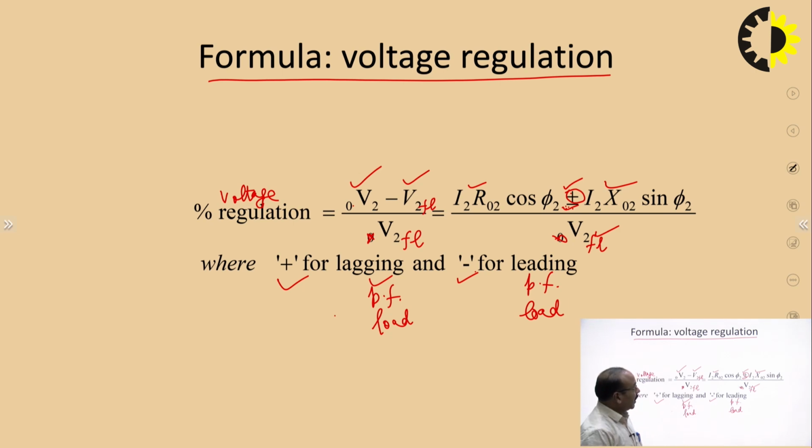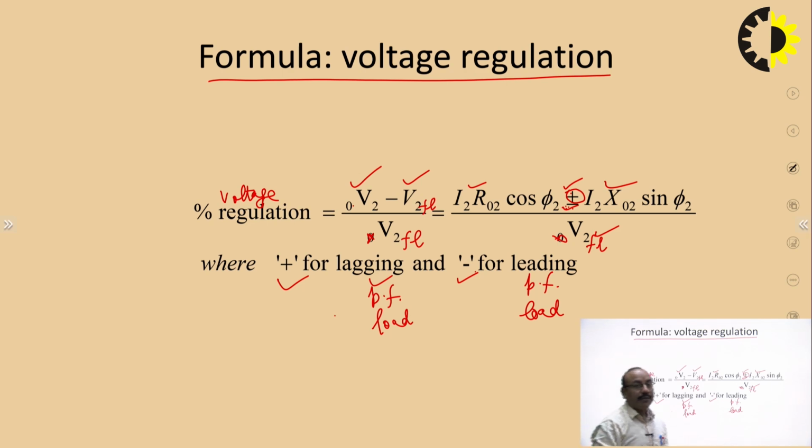The reason being, if these two quantities I2 R02 cos phi 2 and I2 X02 sin phi 2 become equal, then due to the negative sign the voltage regulation will become 0. Or in the second case, if I2 X02 sin phi 2 is more than I2 R02 cos phi 2, then with the negative sign for a leading power factor load, the voltage regulation will become negative.